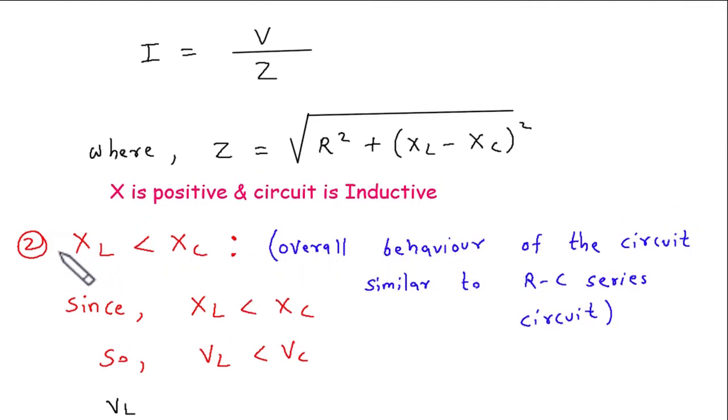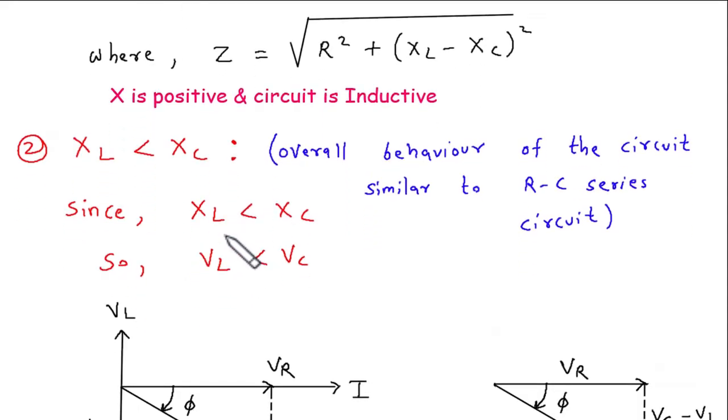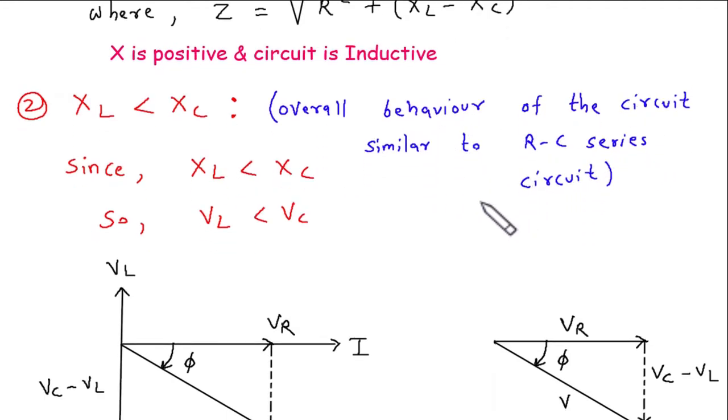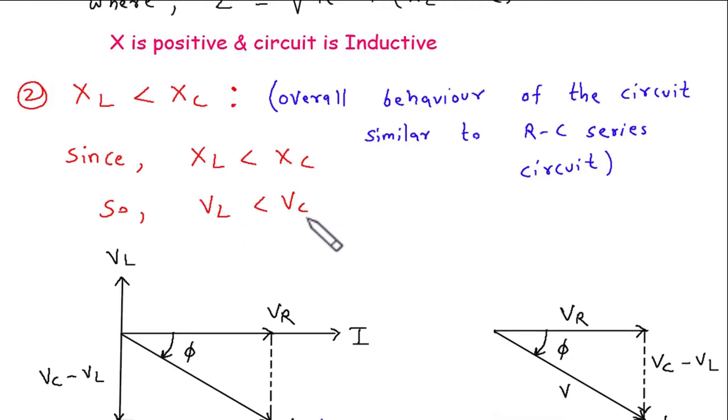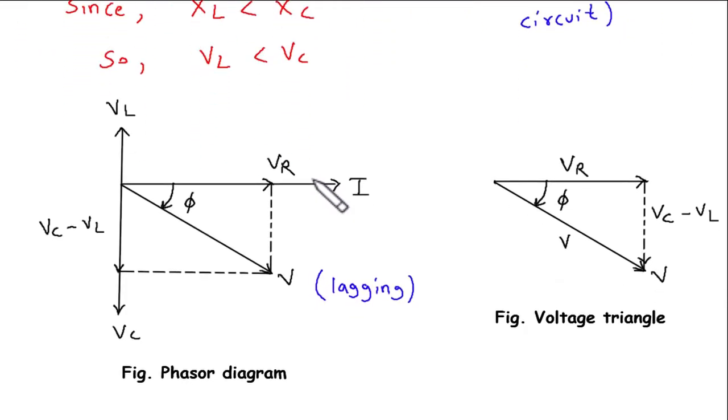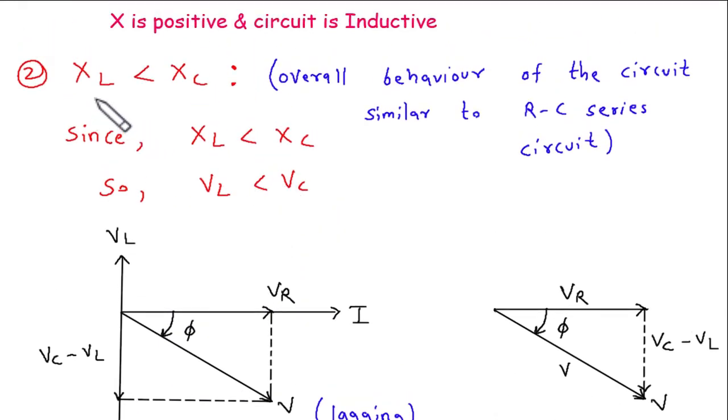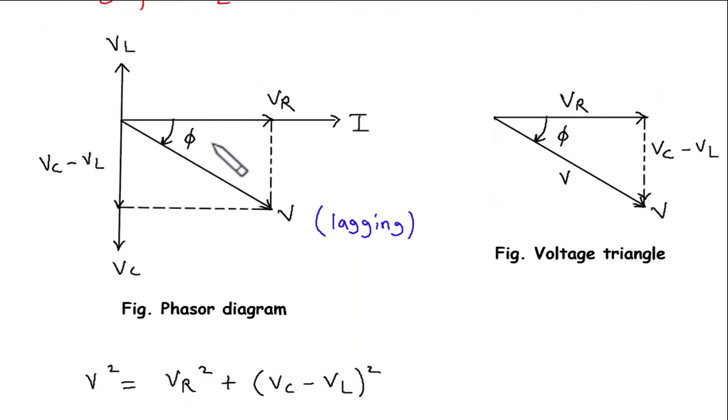Now second condition, when XL is less than XC. When XL is less than XC, the overall behavior of the circuit is similar to an RC series circuit. Since XL is less than XC, the voltage drop across the inductor will be less than the voltage drop across the capacitor. This is the phasor diagram for XL less than XC.